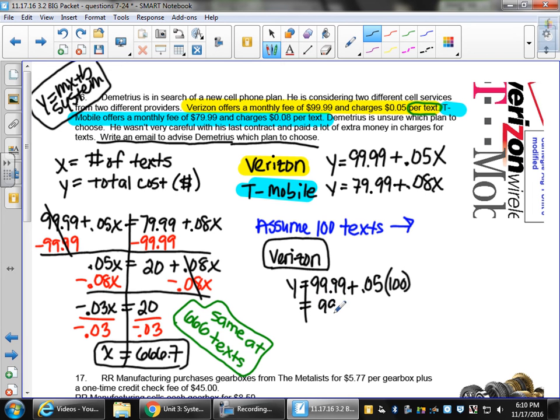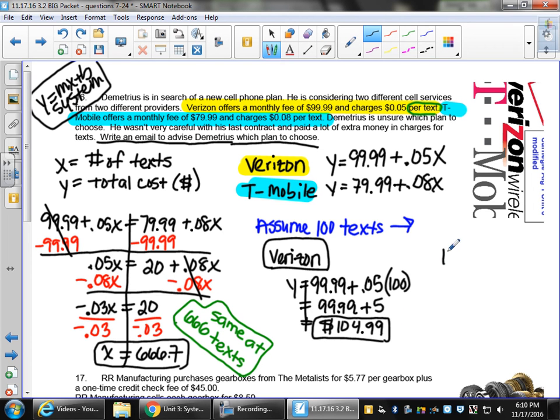That's $99.99 plus 0.05 times 100 is 5. Adding the $99.99 to that, his bill for the month, sending 100 texts with Verizon, would be $104.99.